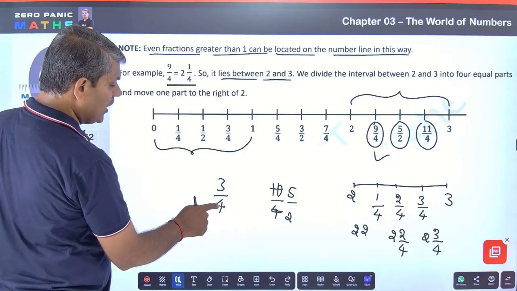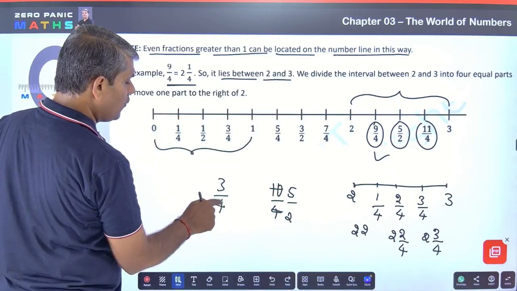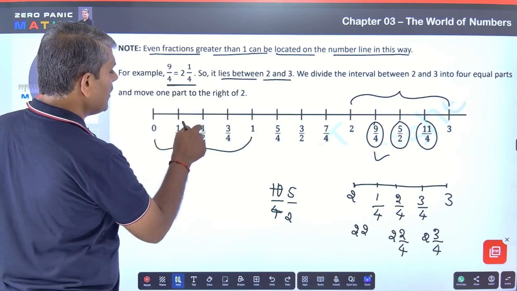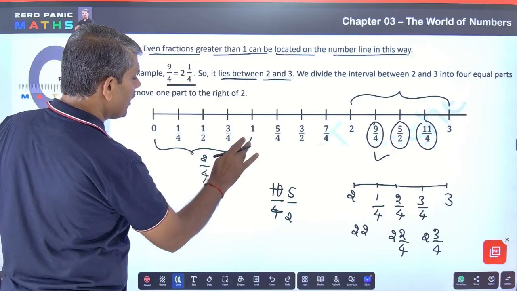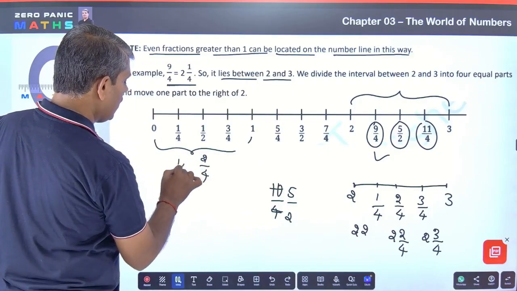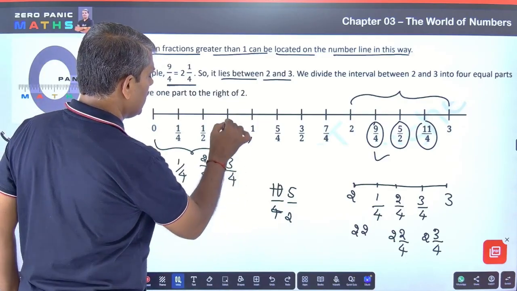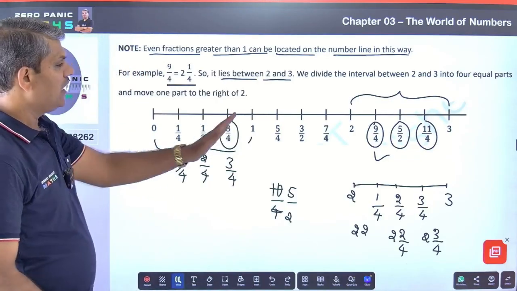According to the rule, you have to divide the unit between 0 and 1 into 4 equal parts. And what are those 4 equal parts? This is 1/4, and this is actually 2/4. 1/2 is 2/4, right? It is 1/4, it is 2/4, and this is 3/4. So this is how you represented 3/4 on the number line.